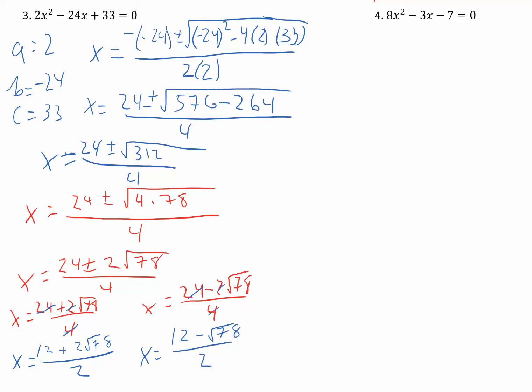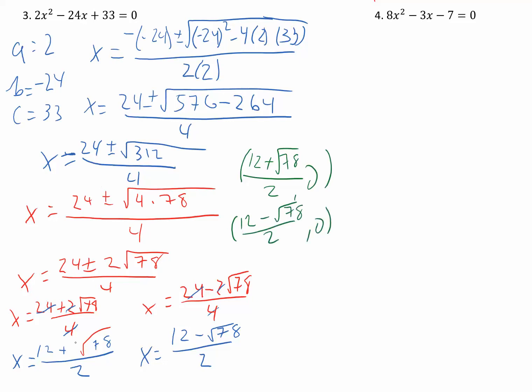All right, so how you write your answers for these, and I'm sorry there's not a whole lot of space, as coordinates, you would write parentheses 12 plus rad 78 over 2, comma 0, and this would be 12 minus rad 78 over 2, comma 0. Because remember, you reduced that 2 out of all of them.